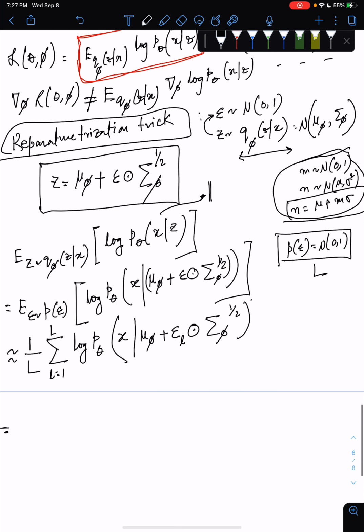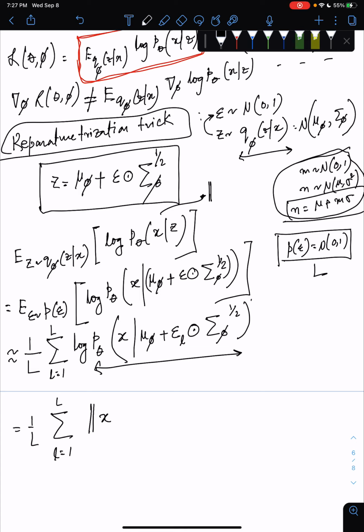This log p_theta(x|z) is nothing but x minus the reconstruction, right? And what is this x prime?